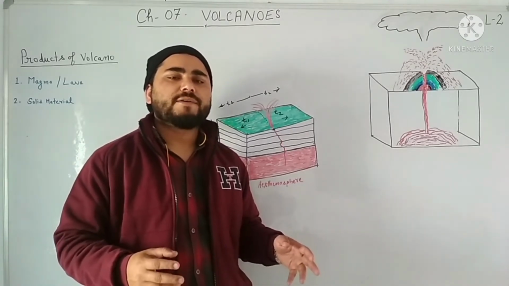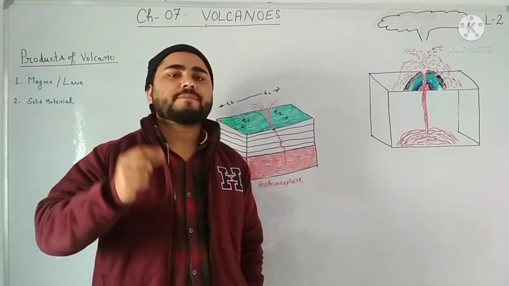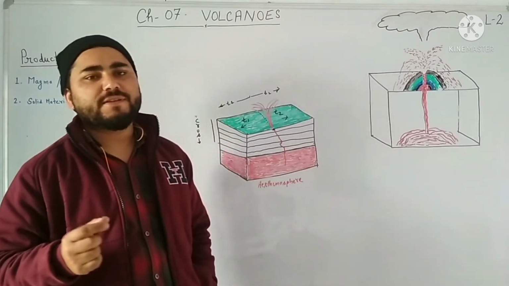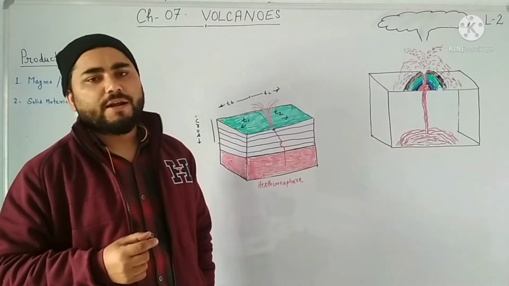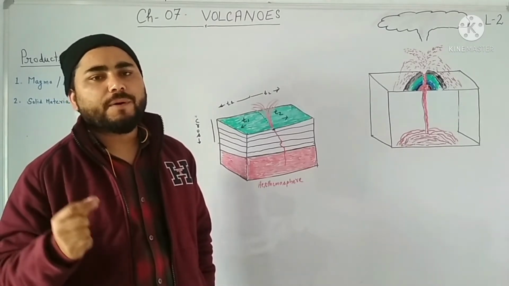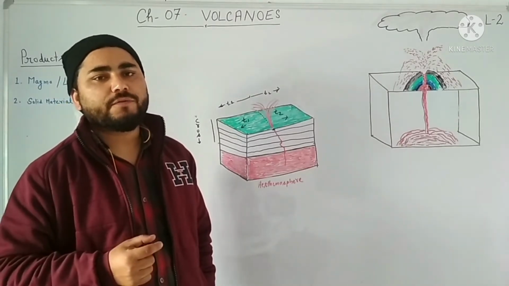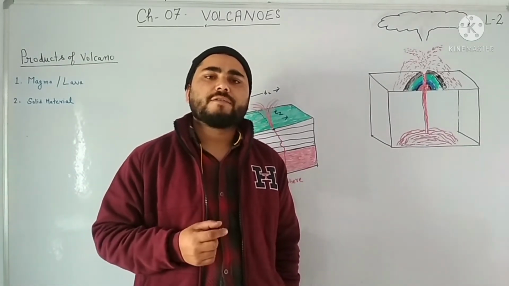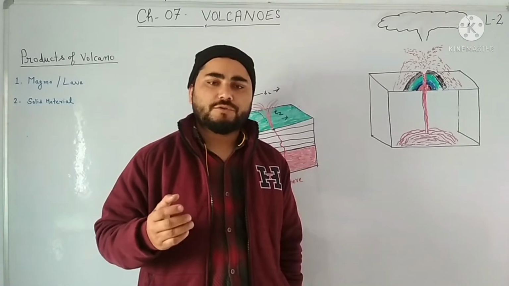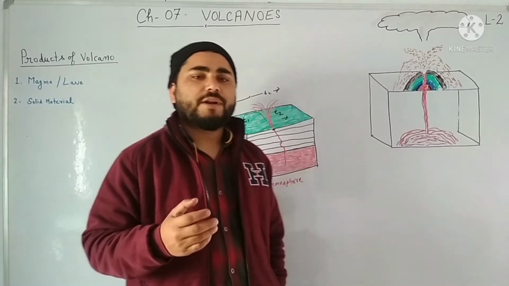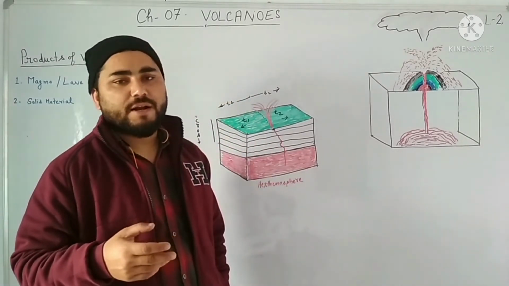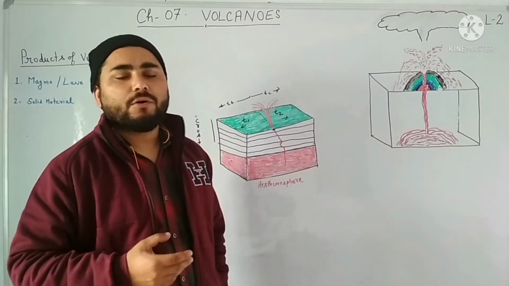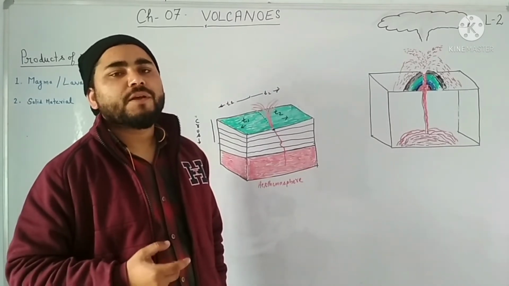Okay, and we get some pyroclasts, meaning the fragmented rocks, and other than that we obtain some ash also, dust also, and water vapor also, right? Whenever volcano erupts, water vapor also erupts, and some geysers or hot springs also emerge.